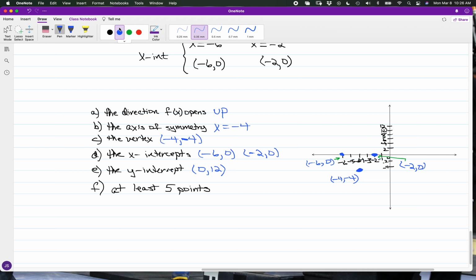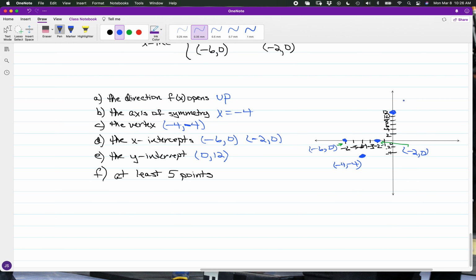Again, with the y-intercept, we have 0, 12. So we've got 4 points identified.